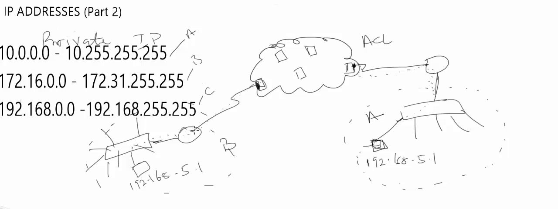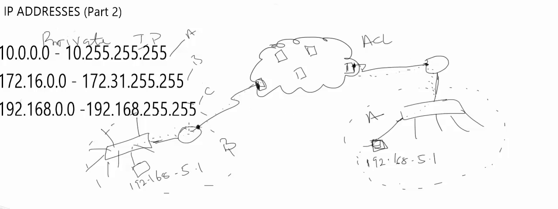Basically, once it's hitting the router, the router is going to have a public IP address configured on it. A public IP address is an IP address that is not inside this range, either for class A, class B, or class C. So it will have one configured on the internet facing interface.